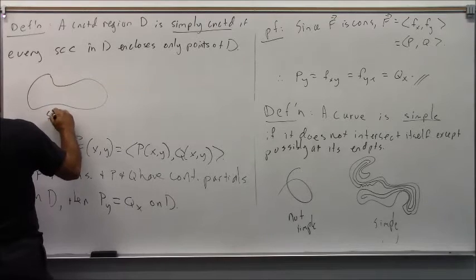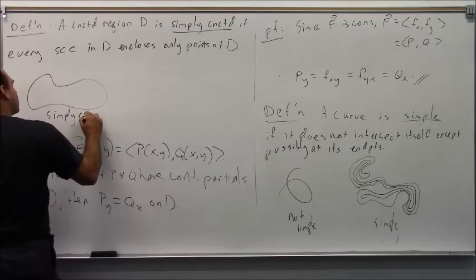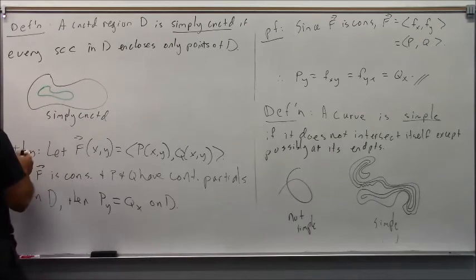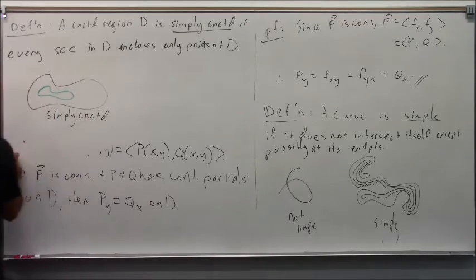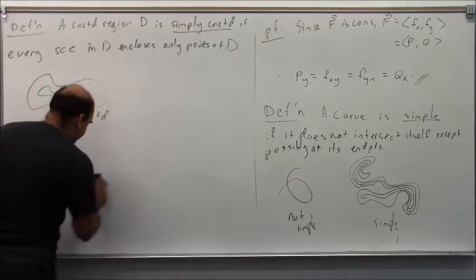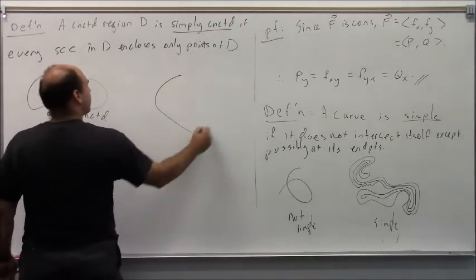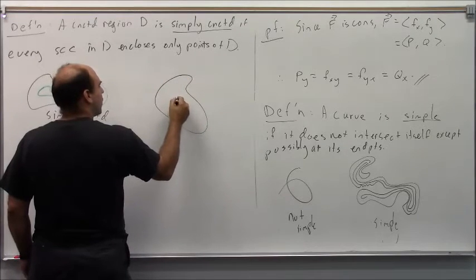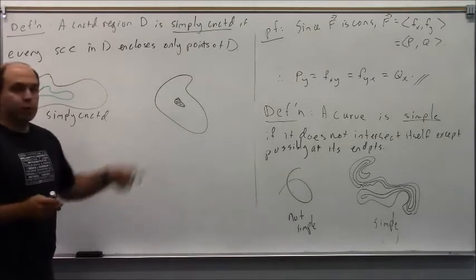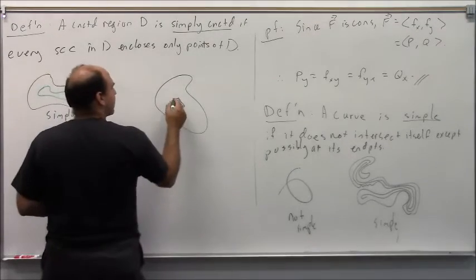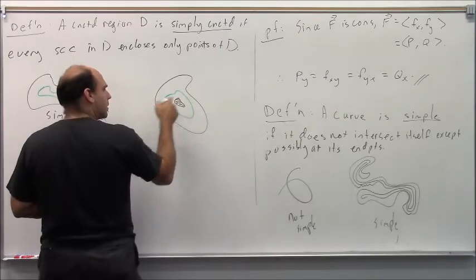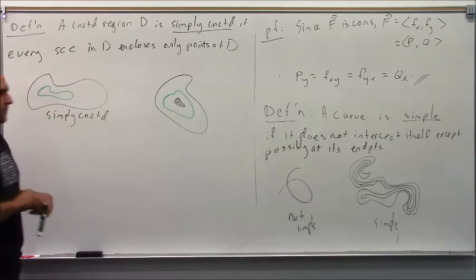So here is a simply connected region. Because no matter what simple closed curve I draw in here, inside that curve are only points of D. But if I take a region like this, with a hole in the middle, so the points in the middle here are not part of the region, that's not simply connected because this simple closed curve encloses points that are not part of the region.